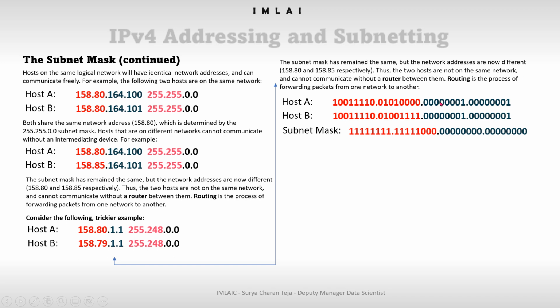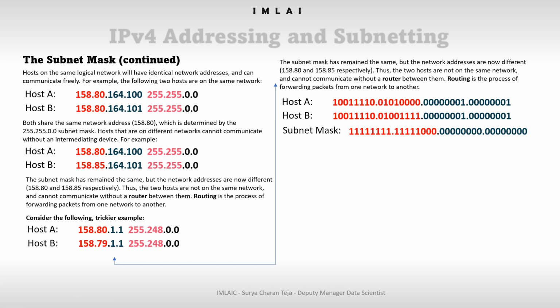As both have the same subnet mask, in the first octet the first 8 bits represent the network, whereas in the second octet only 5 bits will represent the network, and the last 3 bits of the second octet will represent the host. The last 2 octets obviously represent the host.